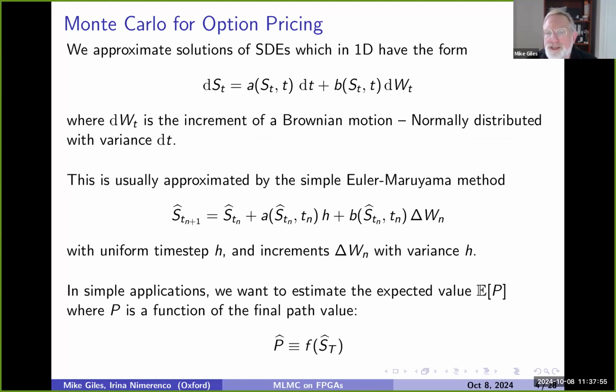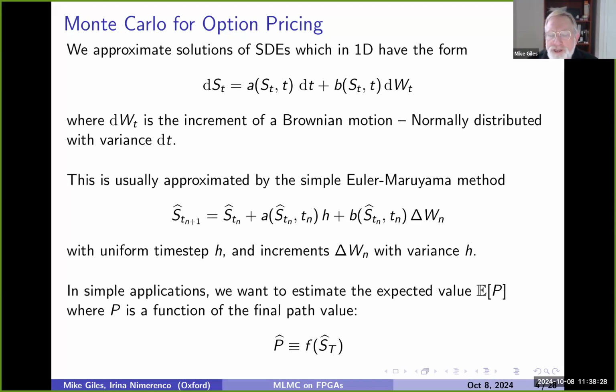What we're interested in doing in computational finance is approximating the solutions of SDEs, stochastic differential equations, and here I've written one down in a scalar SDE form. dW is the increment of a Brownian motion, so over an infinitesimal time interval dt, that's normally distributed with a variance equal to dt.